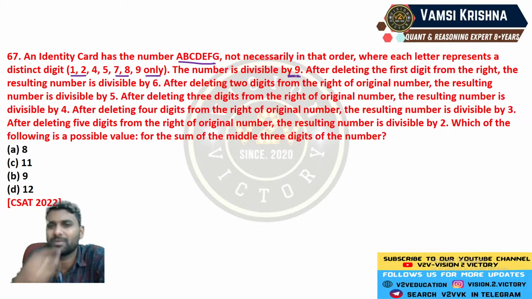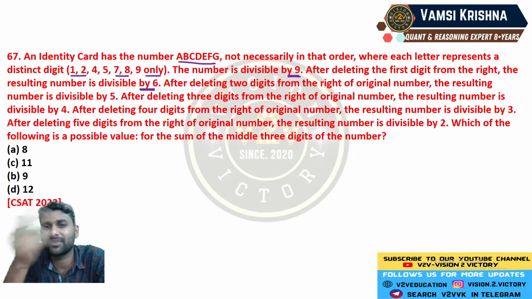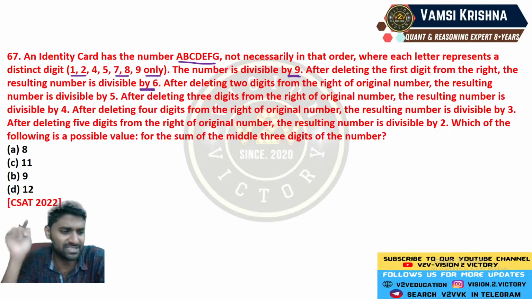After deleting the first digit from the right, the resulting number is divisible by 6. After deleting two digits from the right from the original number, the resultant is divisible by 5. After deleting three digits from the right, the resulting number is divisible by 4. They have given the data. First try to understand that.